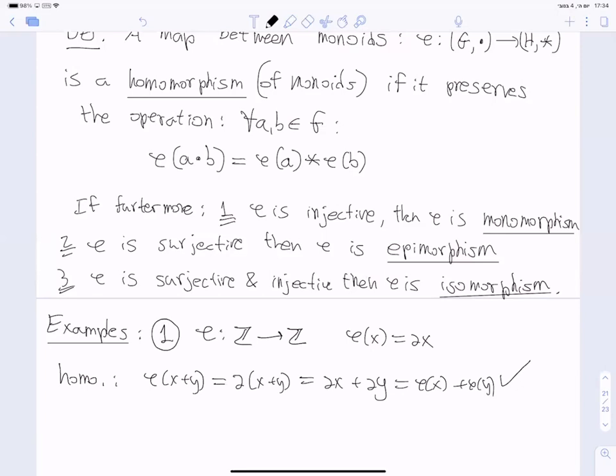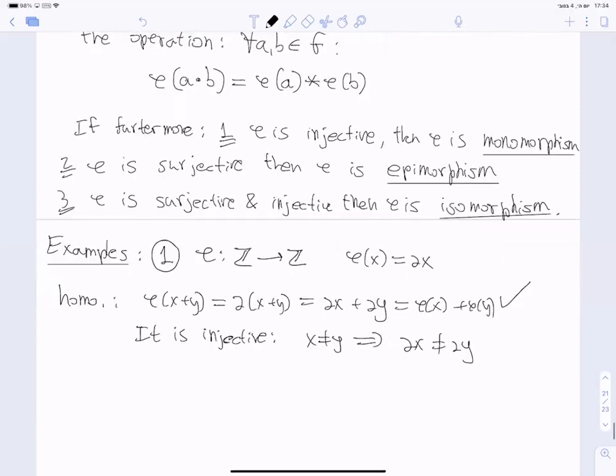Now, is it injective? Yes, because you cannot have two elements in the origin that go to the same image. If x is different than y, then of course 2x will be different than 2y. So it's injective, a mono.